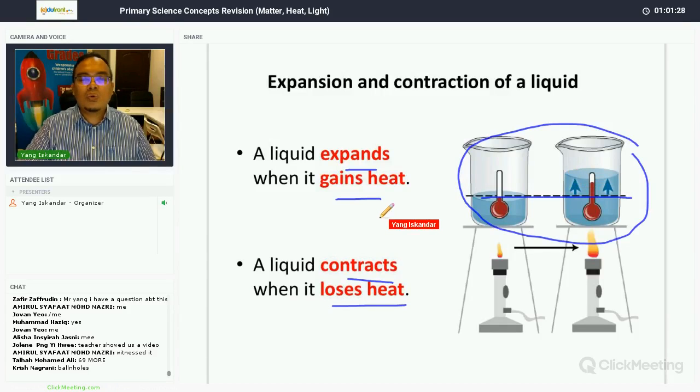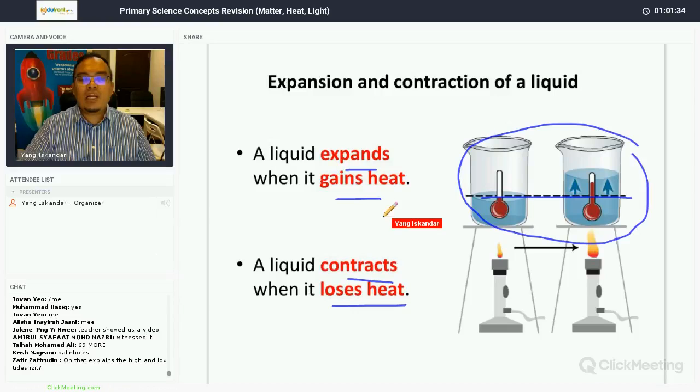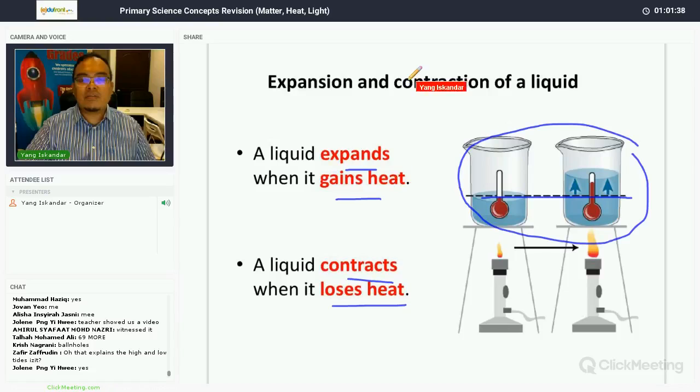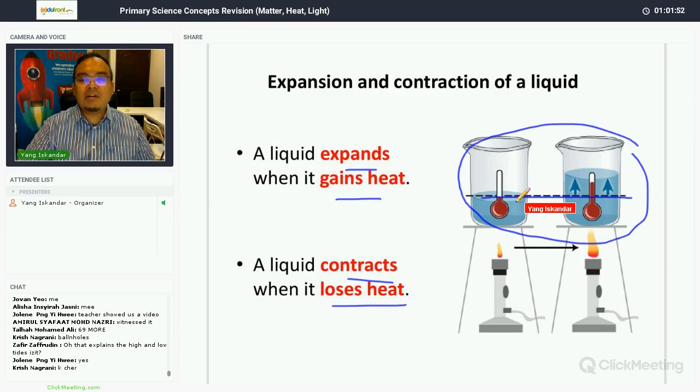Those students who are in P6, you have learned about the main impacts on the environment. One of the negative effects of global warming is the rise in the sea level. Linking back to this topic of heat, when there's global warming, an increase in the world's temperature, the sea water will gain heat and expand.